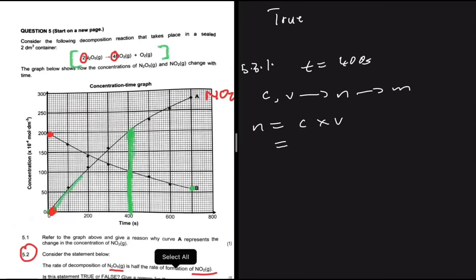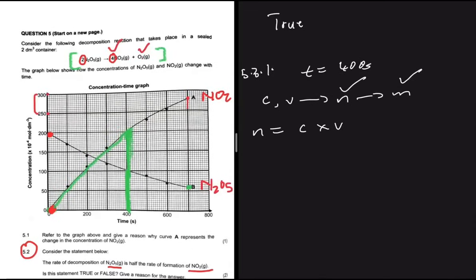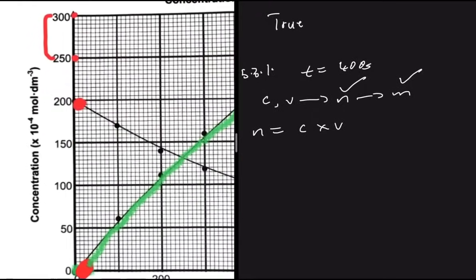We're looking at this curve A. Our concentration is 200. Well, not quite. I want you to look at something. Look at our y-axis. We have the concentration, and the SI unit is times 10 to the minus 4 moles per decimeter cube. So the concentration is actually not 200, but 200 times 10 to the minus 4, right?